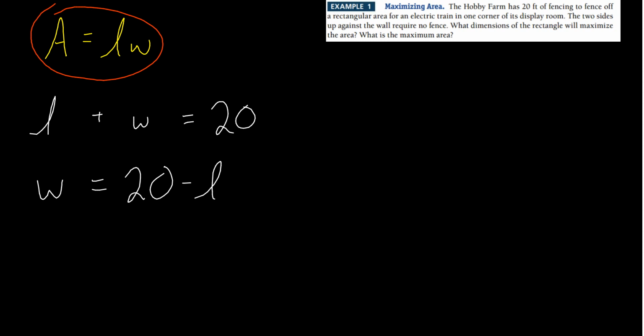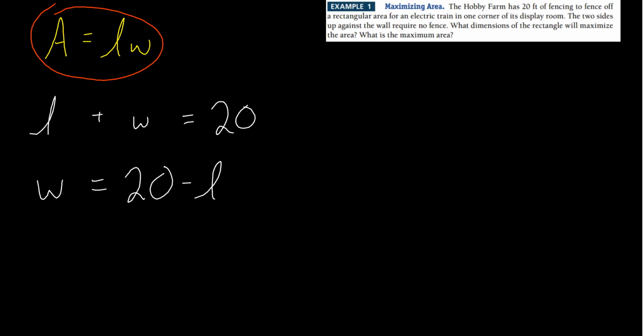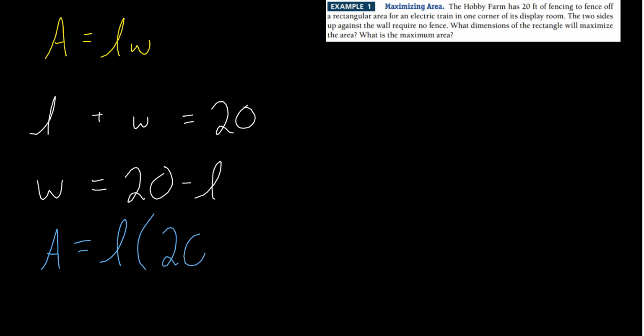I'm going to substitute this width in for W. So now my area is equal to the length times my width, which is 20 minus L. The reason we did this is that it's impossible to solve if you have two unknowns and you don't know one of them.